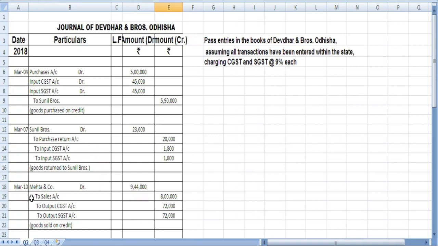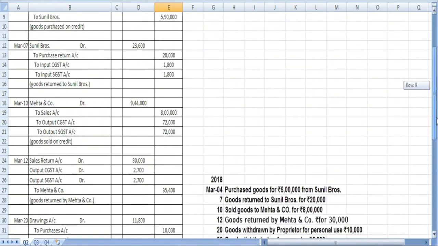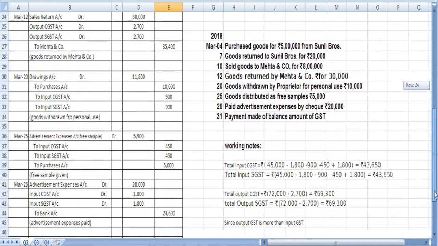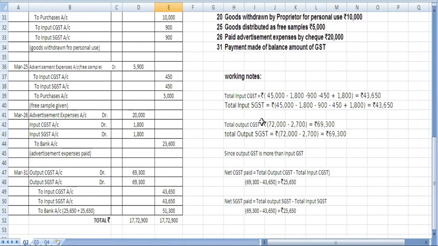And with the sales we credit the output, because that is what we are going to get back while selling the goods. So in this question, our total output CGST and output SGST were more than the input CGST and input SGST, so the excess amount will be paid as balance amount.